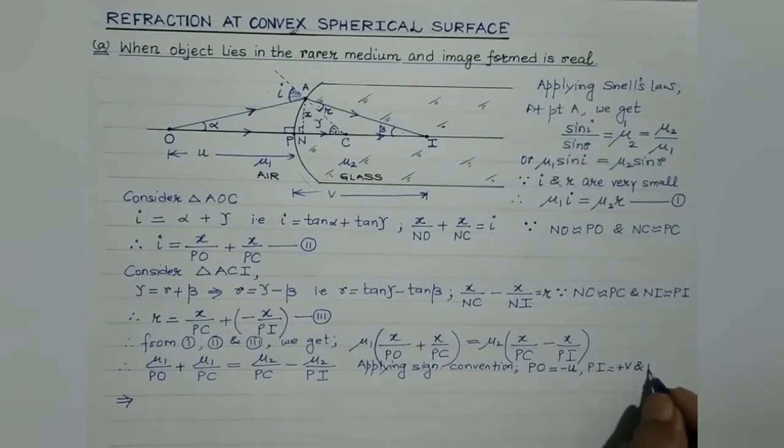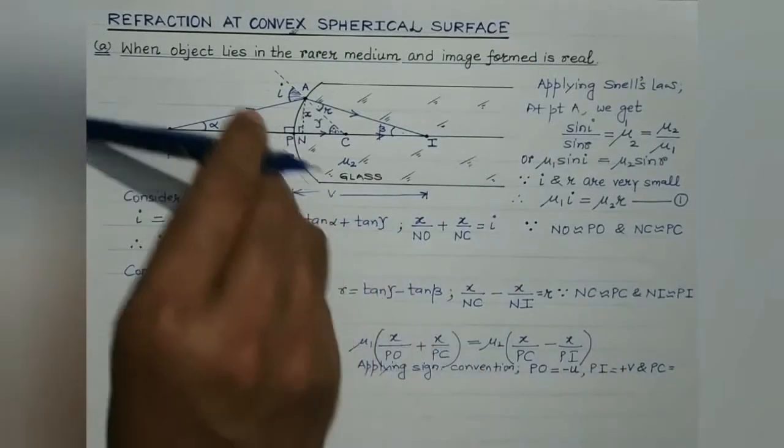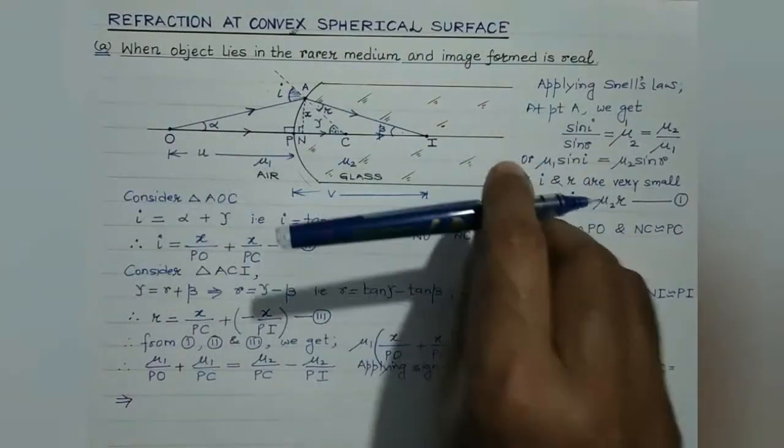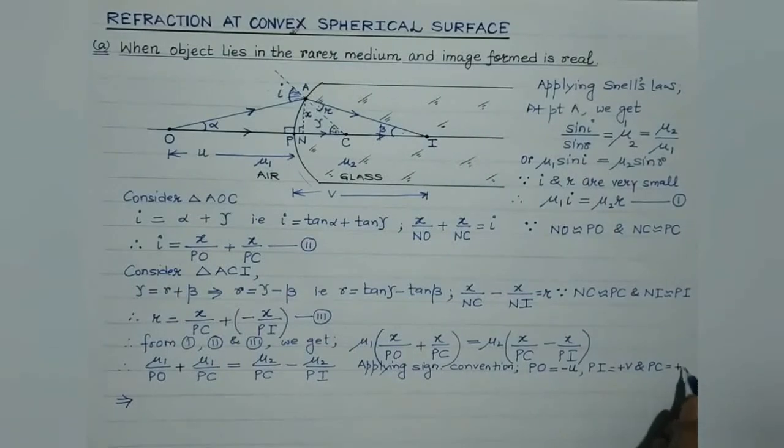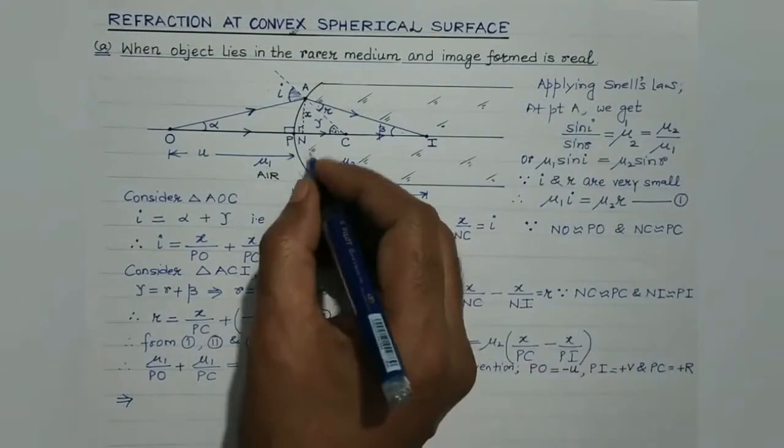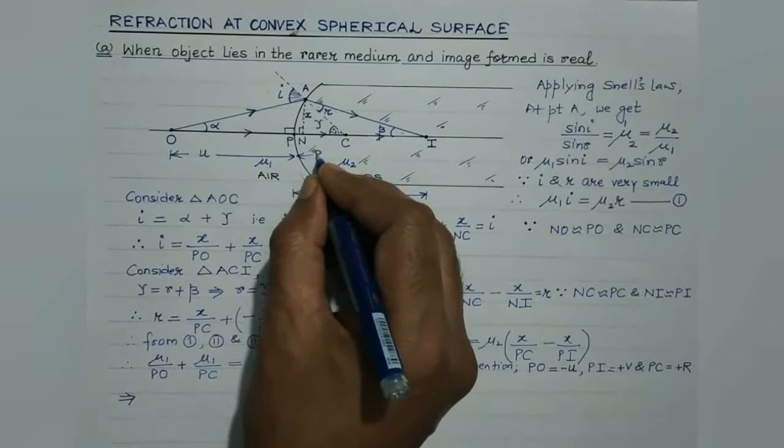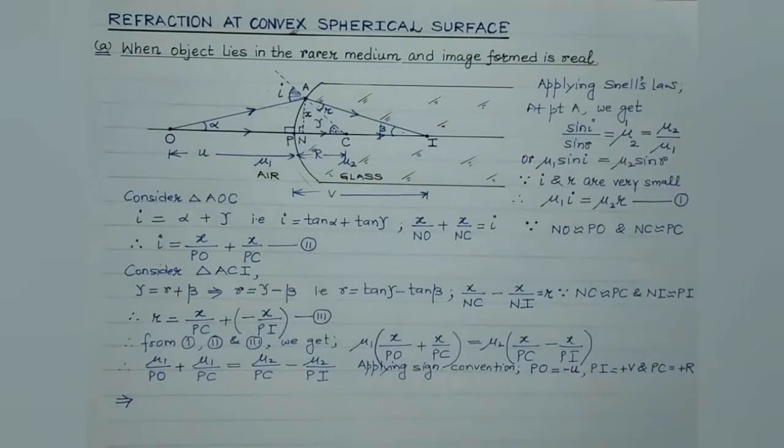And PC, it is again measured along the same direction as that of the incident ray. So it is to be taken as plus R. R is the radius of curvature. Right, students? So substitute these values over here.